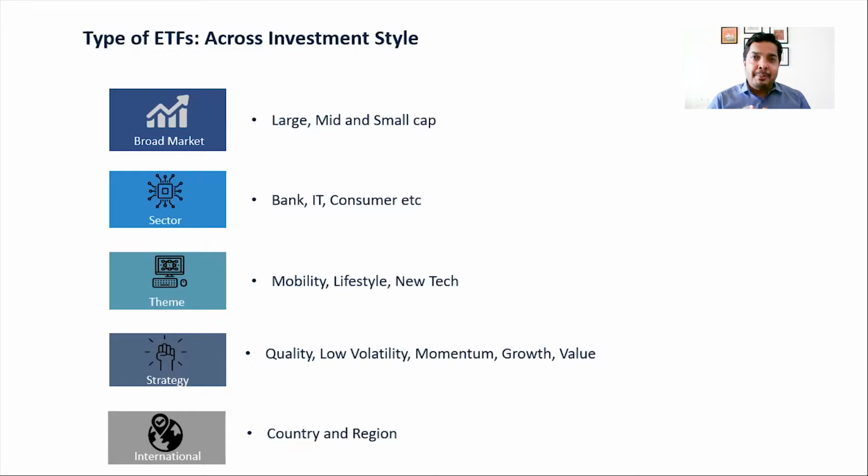So one of the very plain vanilla basic ETFs are those based on broad markets. Let's say Nifty 50, Nifty Next 50, Nifty Mid Cap 150, S&P 500, which just tracks the large cap segment of an equity market or a mid cap segment of an equity market or an entire equity market like a Nifty 500 based ETF.